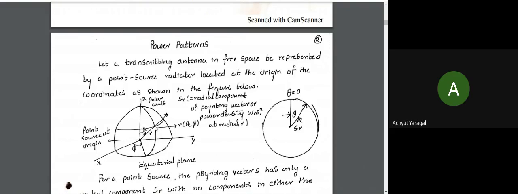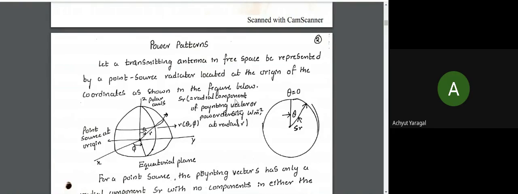Now, what is this SR here? SR is nothing but a radial component. The radial component is the pointing vector, which is nothing but the power density. Another definition of the pointing vector: it is a quantity which describes the magnitude and the direction of the flow of energy in electromagnetic waves.